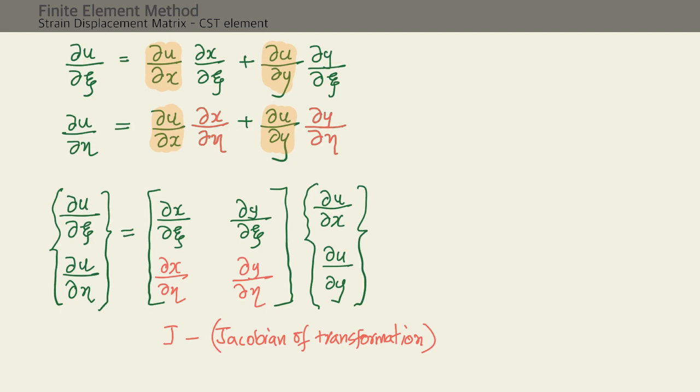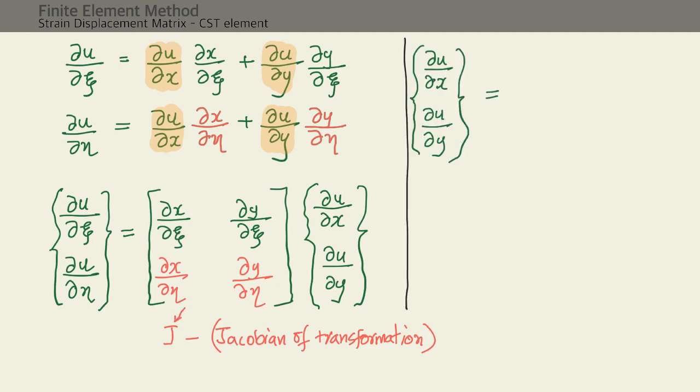What we want to find is dou u by dou x and dou u by dou y. So what we can do is just invert the matrix J to find dou u by dou x and dou u by dou y.